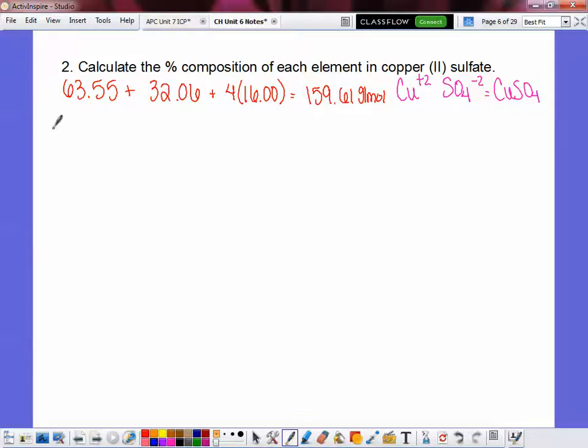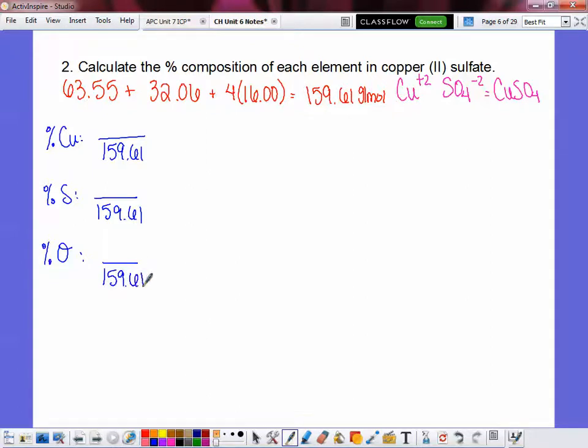Okay? So we're going to calculate the percent of copper, the percent of sulfur, and the percent of oxygen. Okay? And again, this 159.61 is our denominator in each of them. What's our numerator for copper? 63.55.